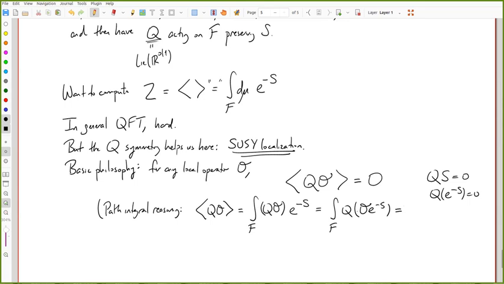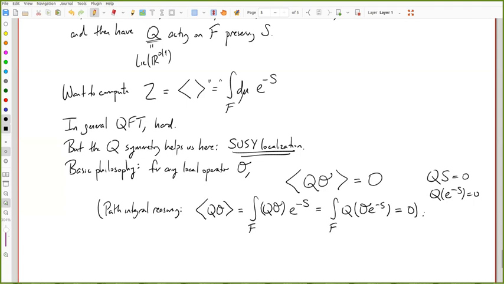So you're integrating the derivative of something. And so that integral should reduce to just a boundary term. And that boundary term, so okay, if you're a little optimistic about how things behave near the boundary of field space, you would say this is just 0.